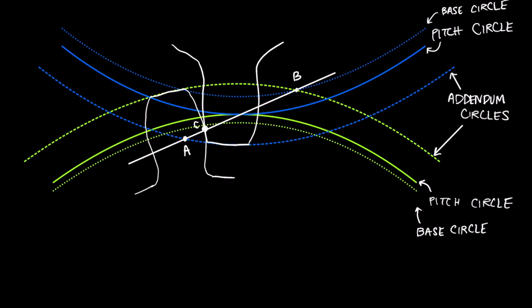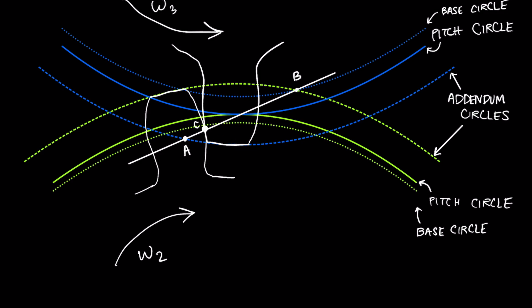So let's think a little bit more about why this is. Contact is going to begin when the tip of your driven tooth, which in this case, let's say things are rotating this way, which means that this one is rotating this way, the flank of gear 2 is contacting the tip of gear tooth 3. And when that happens, it's actually before the involute portion of the driving tooth is even within range.